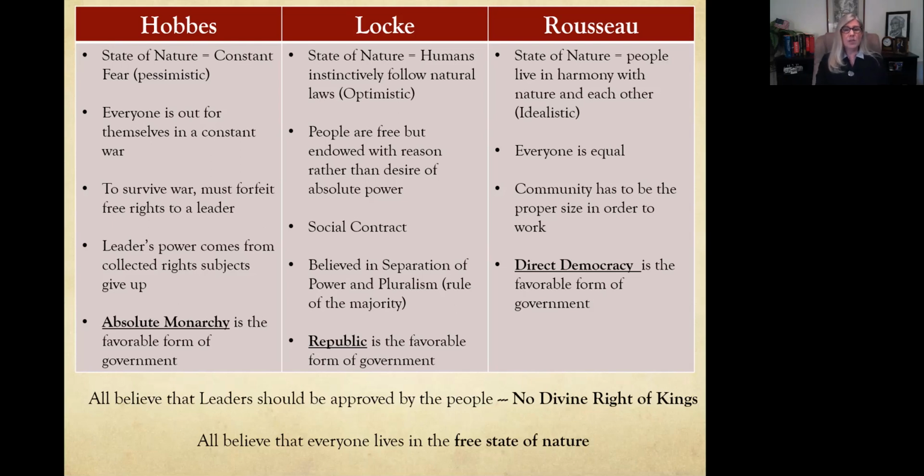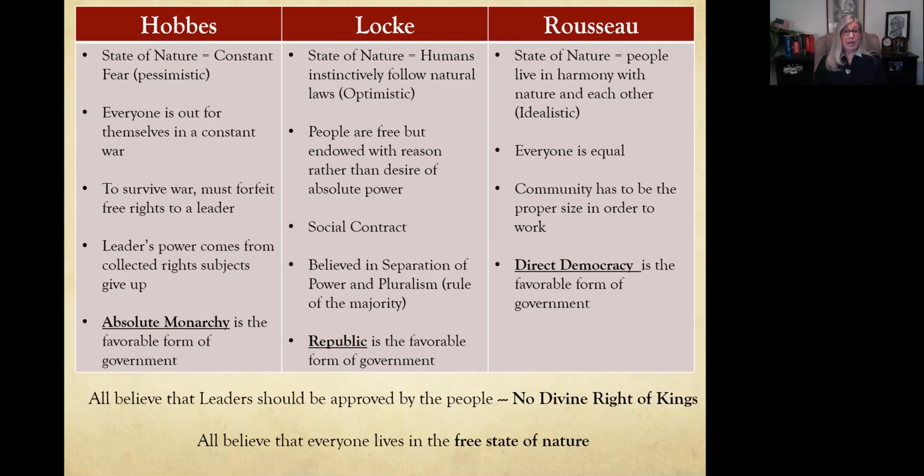You have Thomas Hobbes. So if we go back and we believe that everyone lives in this state of nature, that you are free to make your own decisions in this state of nature, if everybody is in this world together, Hobbes believes that that's going to be dangerous because other people are going to try to get everything that's mine.